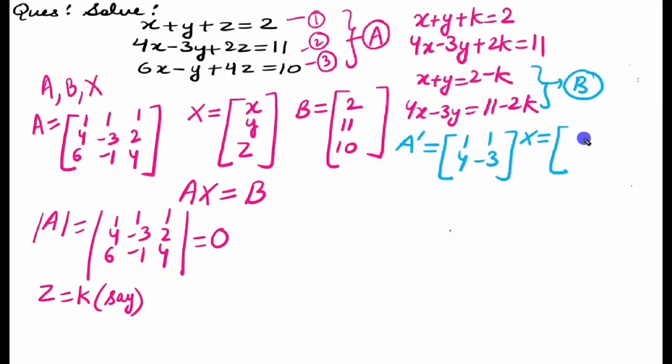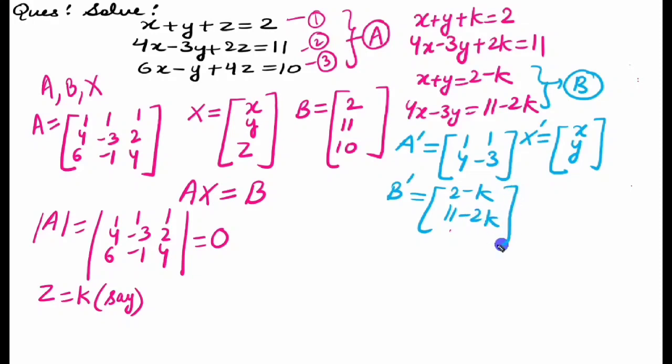Here there are only two variables, x and y. So writing them down in a column, we get the matrix X dash here for the system B, and we will get the matrix B dash as 2 minus k and 11 minus 2k out of the constant terms we have.